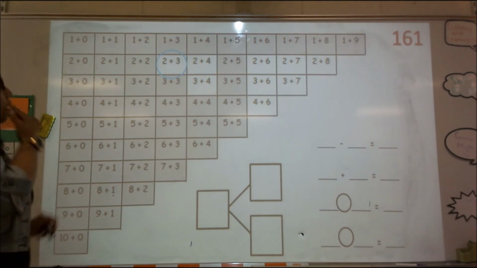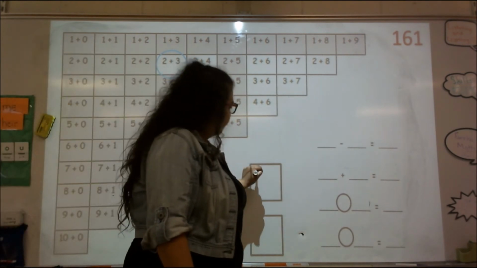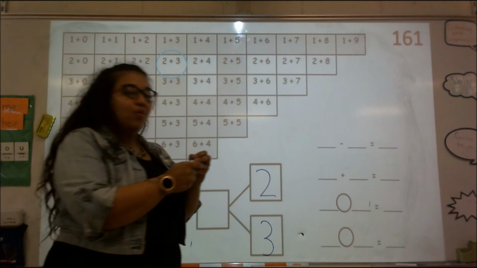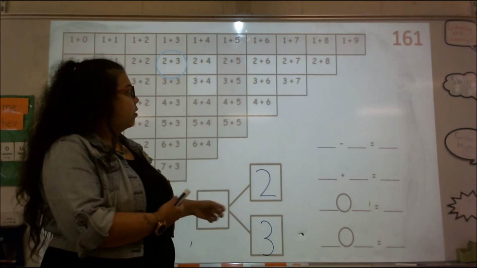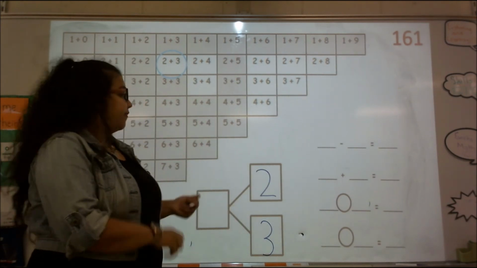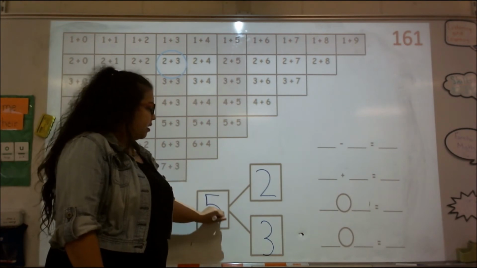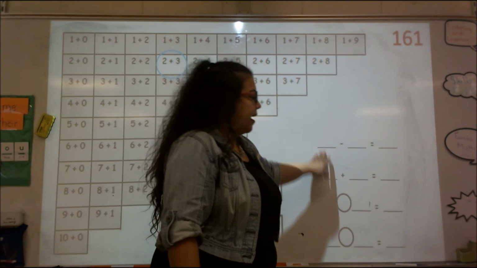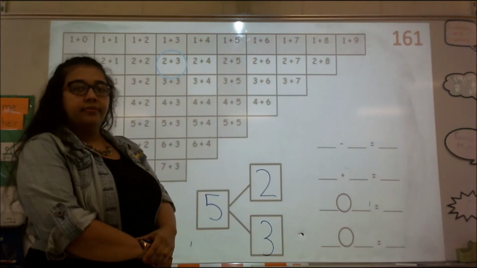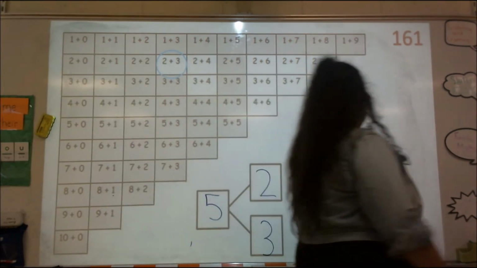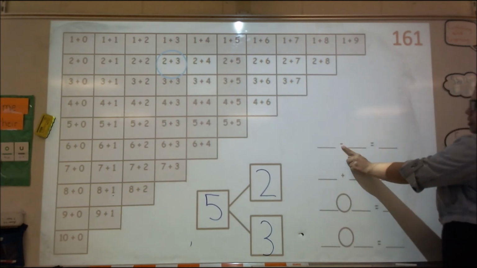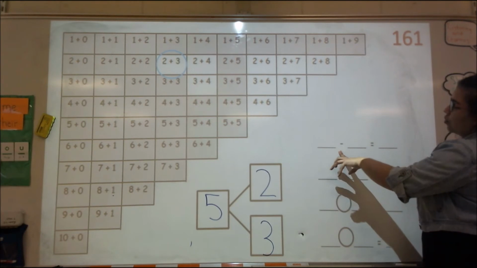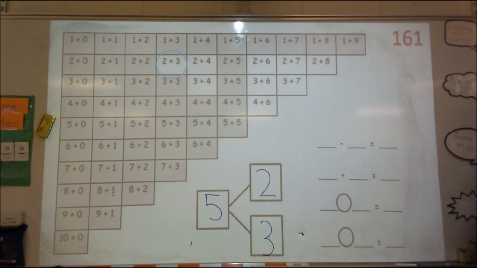We know that those are the parts on our number bond. If we have 2 and 3, what is our whole? 5. Excellent. Now we have been given the charge of building how many number sentences? 4. The way this is set up, we're going to start with, read the symbol to me. That is the minus sign. It means we are subtracting. We are taking away.